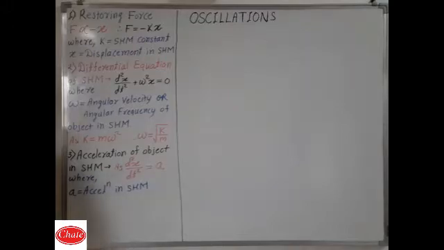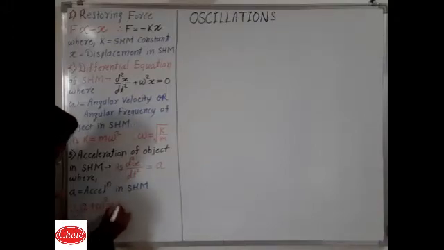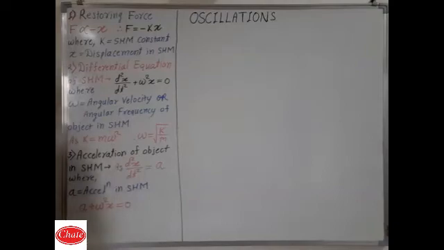Therefore, you can write a is equal to omega square x, so a plus omega square x equal to 0.